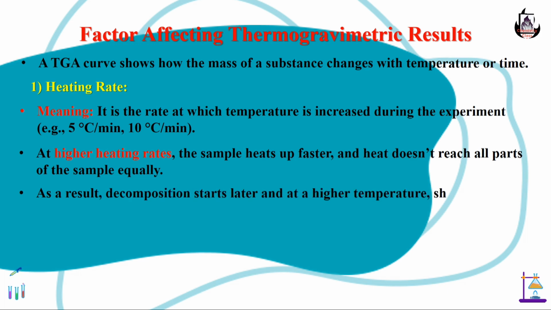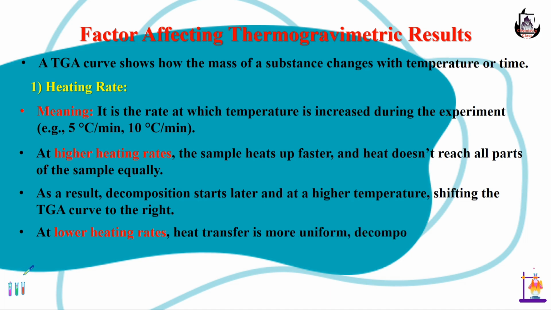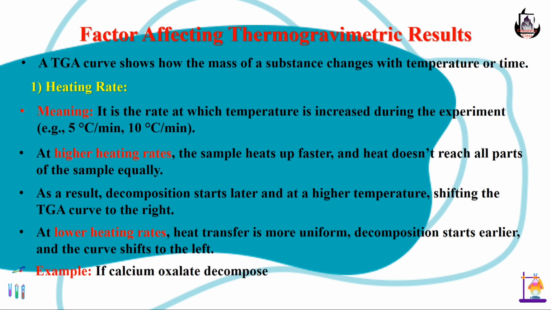At lower heating rates, heat transfer is more uniform, decomposition starts earlier, and the curve shifts to the left. Example: calcium oxalate decomposes at 600 degrees Celsius at 5 degrees Celsius per minute, but near 640 degrees Celsius at 20 degrees Celsius per minute.